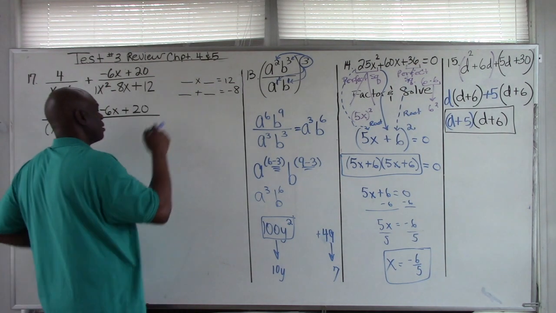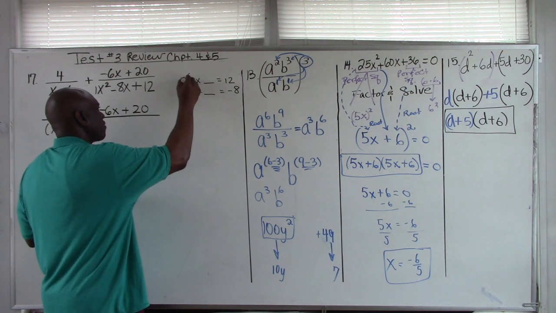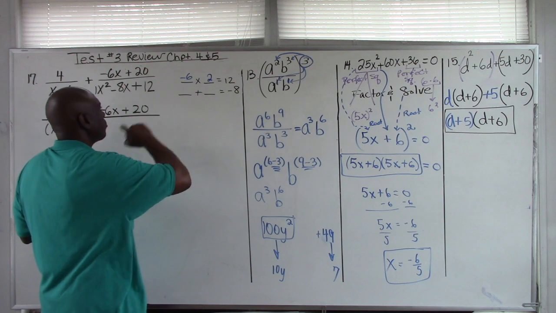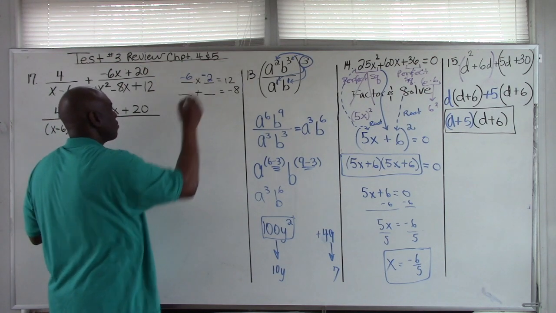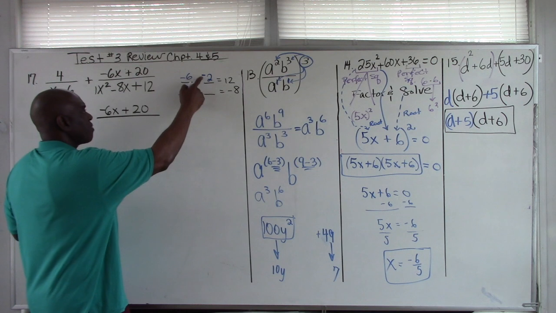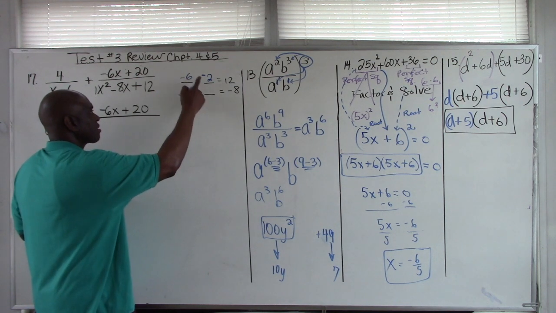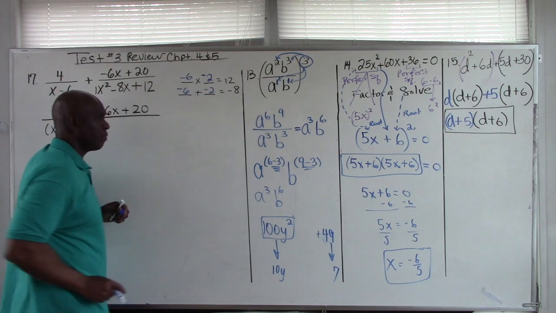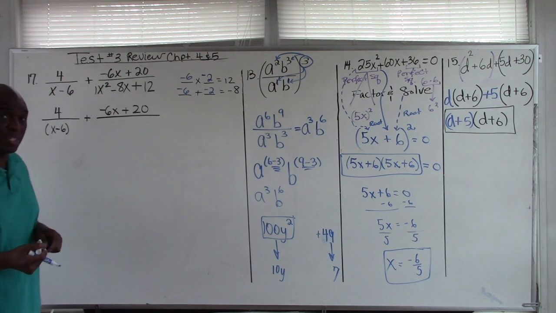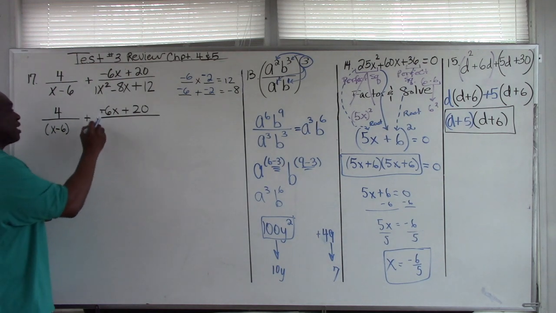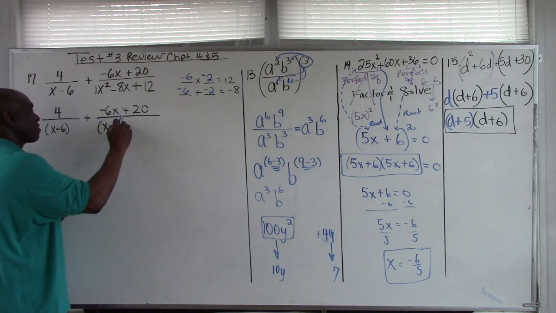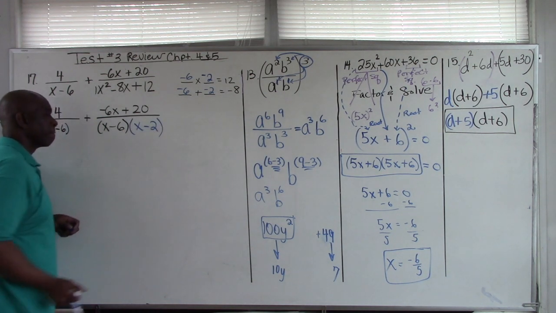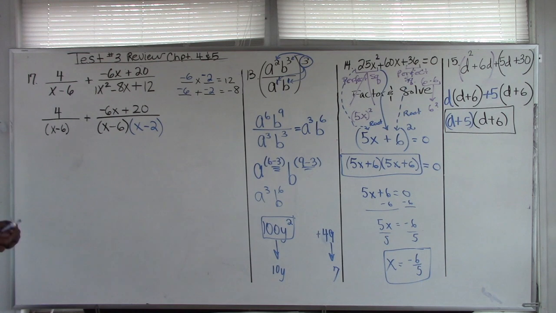How about negative 6 and 2? Well, no, negative 2, how about that? Yeah, because a negative times a negative is a positive. Negative 6 times negative 2, and then negative 6 plus negative 2, there we go. So I want to use a negative 6 and a negative 2. So that's going to give me x minus 6 times x minus 2. Okay, good. So that's step 1.